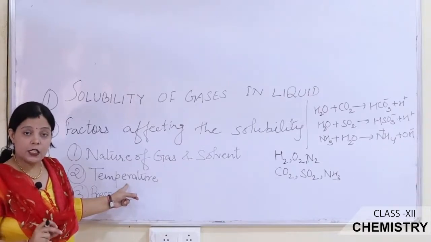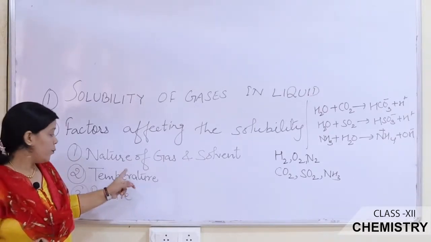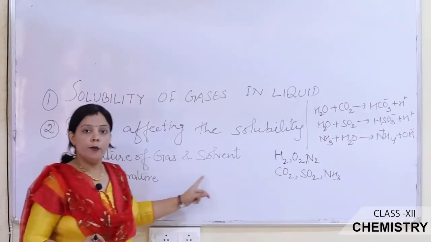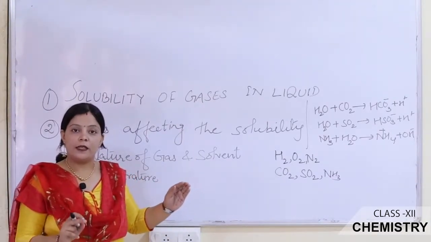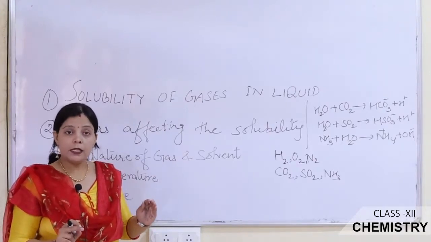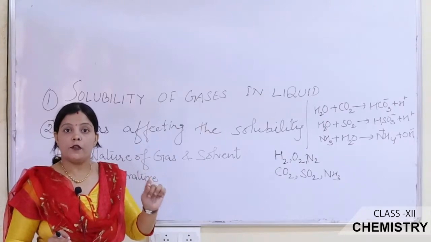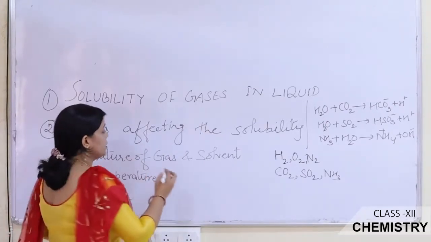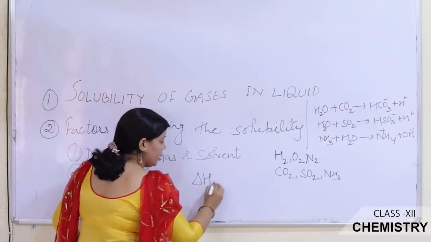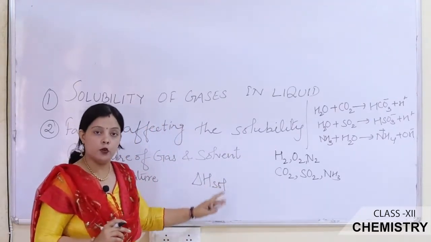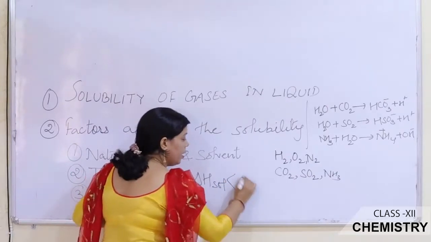The next factor is temperature. When a gas is dissolved in a liquid solvent, the random movement of the gaseous molecules continuously decreases. It means there is a decrease in the net enthalpy of the solution, so delta H of solution, the total net enthalpy change in the dissolution process, is negative.